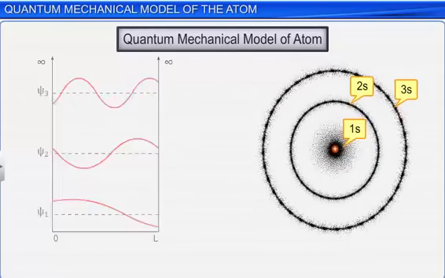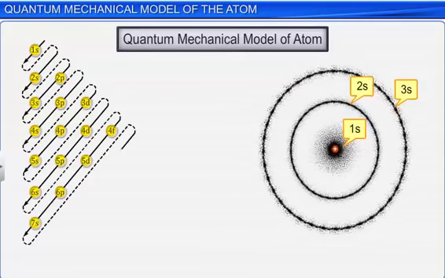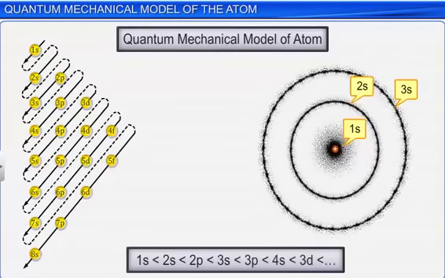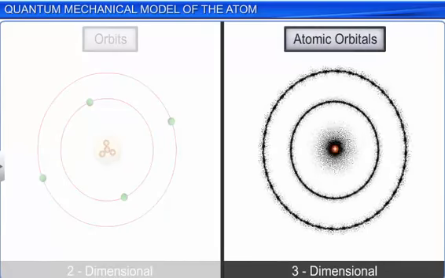In a multi-electron atom, the electrons are filled in various orbitals in the order of increasing energy. Note that orbits are 2-dimensional circular paths around the nucleus, in which the electrons revolve, whereas atomic orbitals are 3-dimensional regions around the nucleus, where the probability of finding an electron is the maximum.